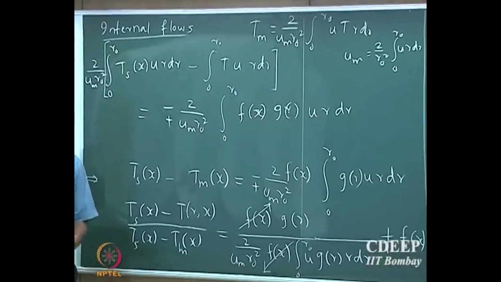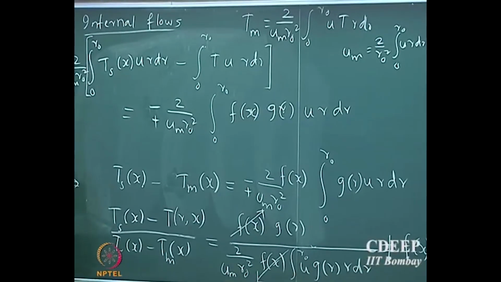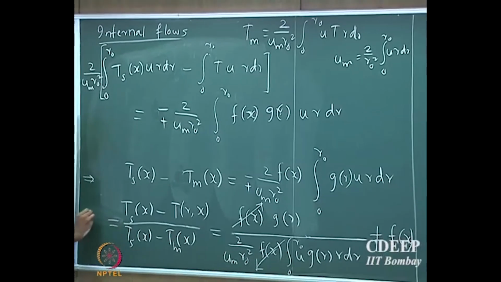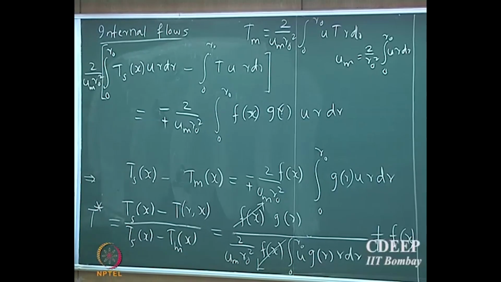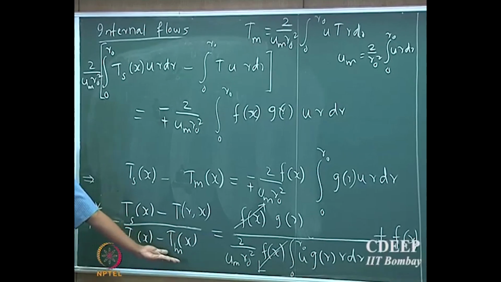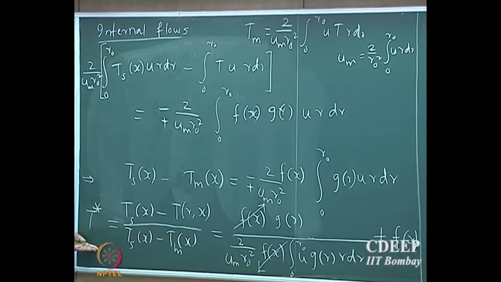It's very similar to what we got in the momentum boundary layer, where we said that the velocity profile doesn't change. So here the correct statement is that if I define a new dimensionless temperature, which is Ts minus T by Ts minus the cup mixing temperature, that dimensionless temperature is now independent of the axial position.